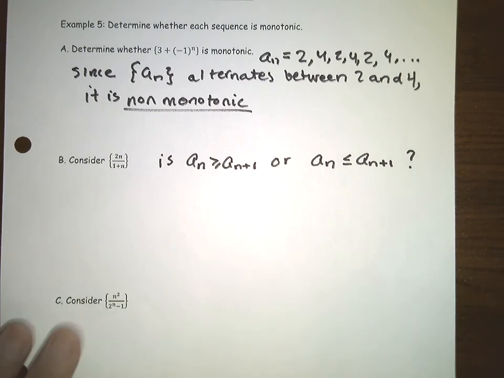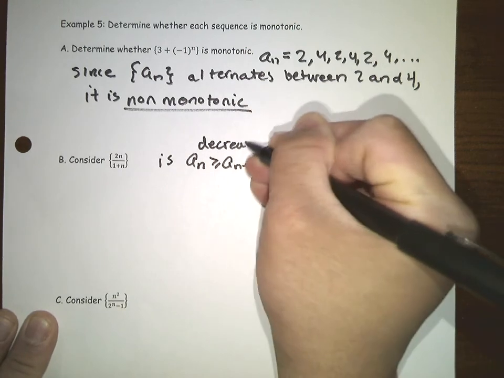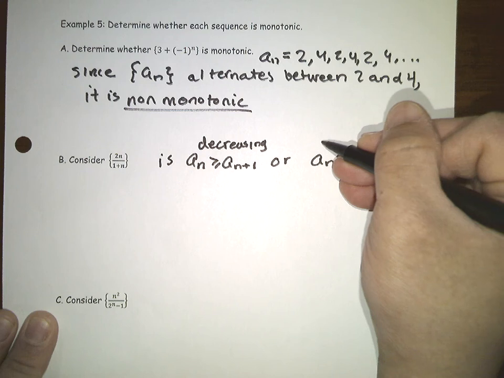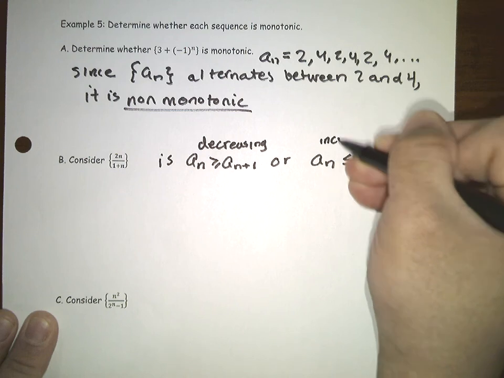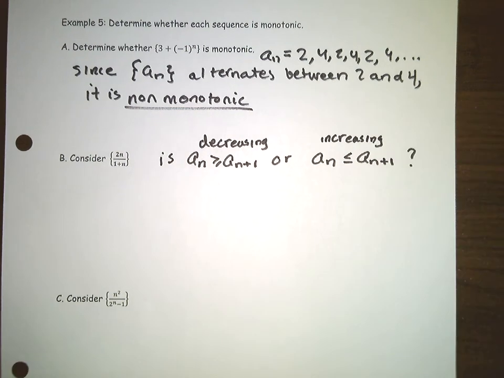That will tell us whether this is a decreasing or an increasing sequence. One way you might want to do this is to start by listing out some terms to see if you have a hypothesis of whether this might be increasing or decreasing.